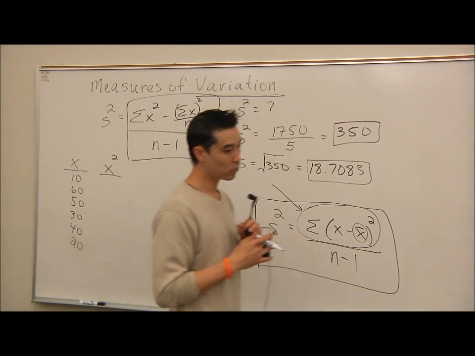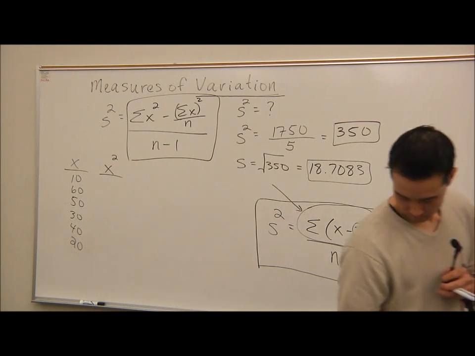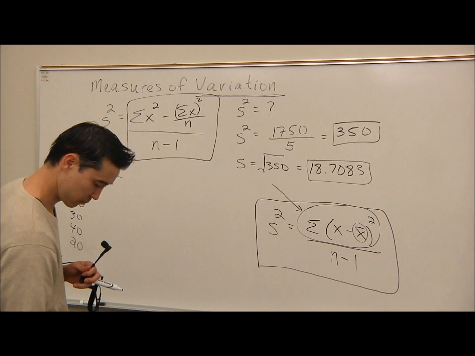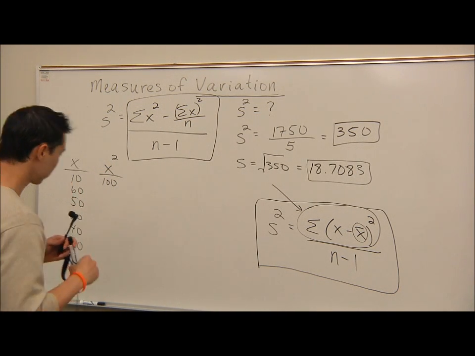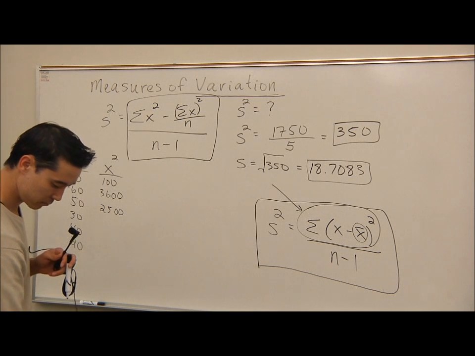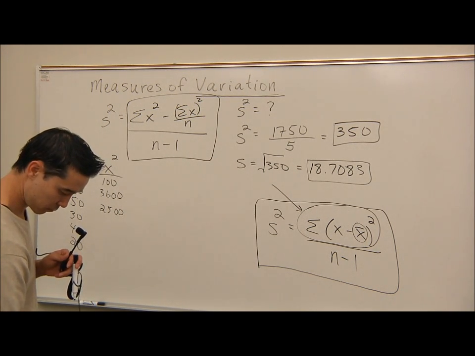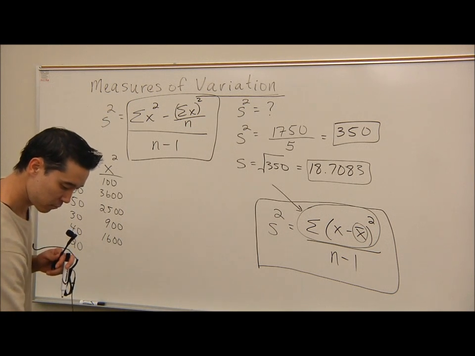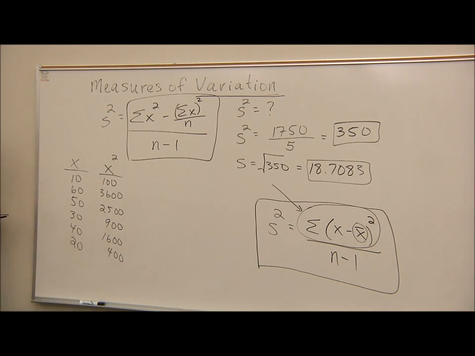And then in the next column, I want you to square each of those numbers. All right, just double check that everybody has this for my x column and my x squared column.